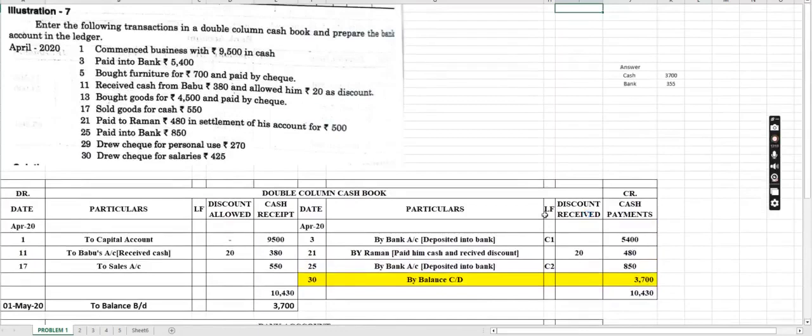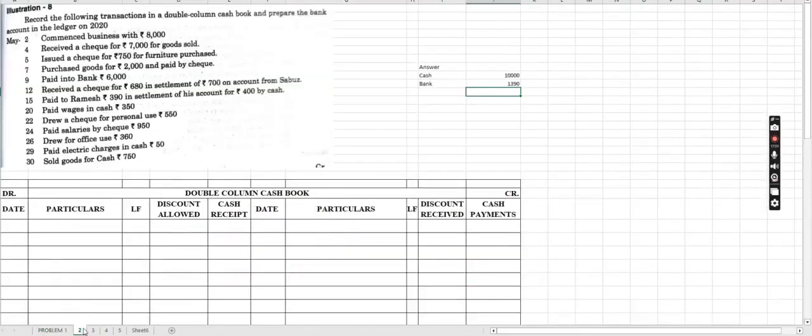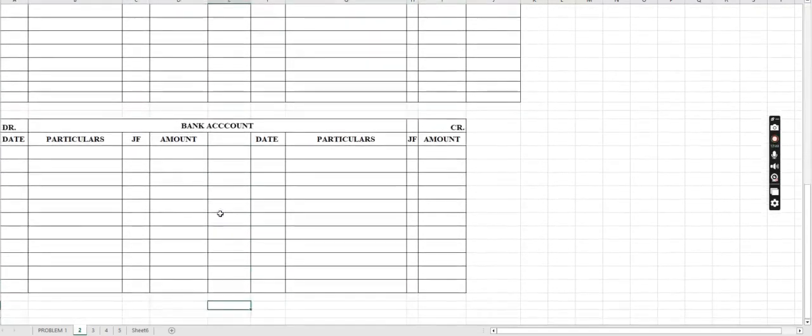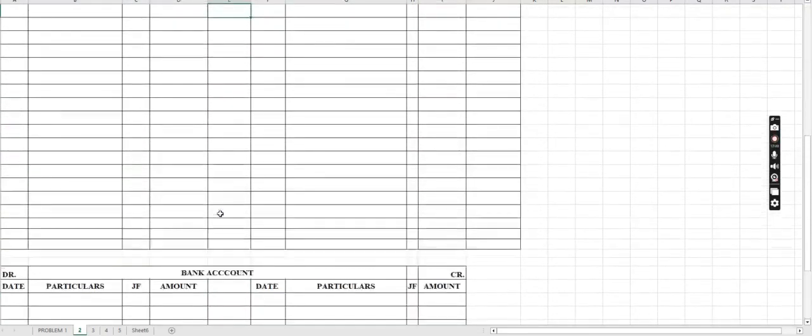Okay. Now we will go to the next problem on the next page. Record the following transactions in double column cash book and prepare the bank account in the ledger of 2020. So I have prepared the double column cash book and the bank account format is ready now.